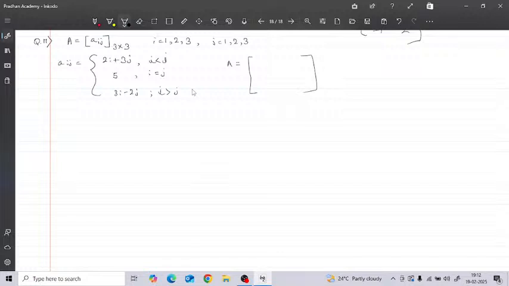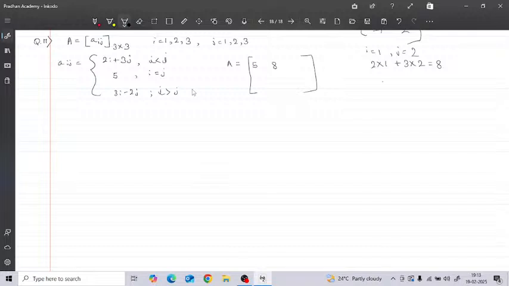So a11 is a diagonal element, so it is 5. The second element is a12. Here i is equal to 1 and j is equal to 2, so i is less than j, and we will use this value. 2 into 1 plus 3 into 2 is 8.